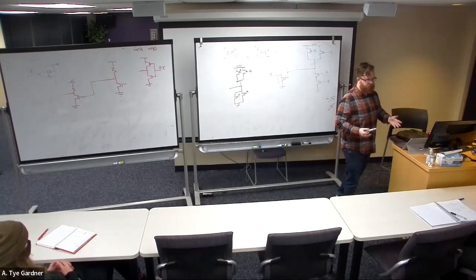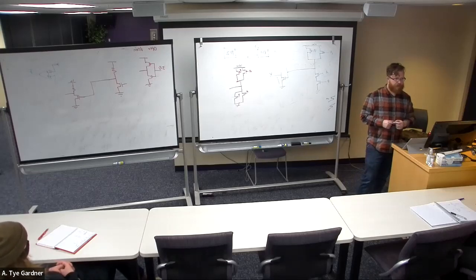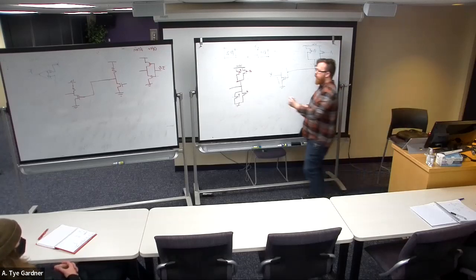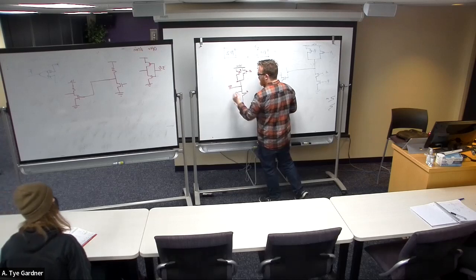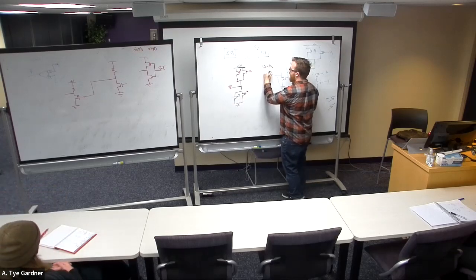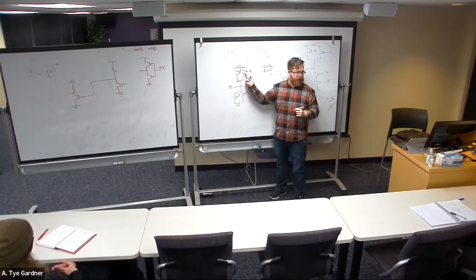Let's say I gave you this circuit, and then I asked the question, what happens if I give you the input A is 0, B is 1? What is the output Z if A equals 0, B equals 1? Well, if A is 0, this closes.